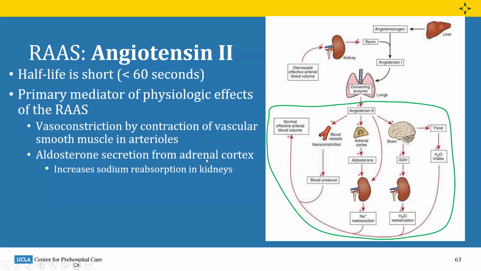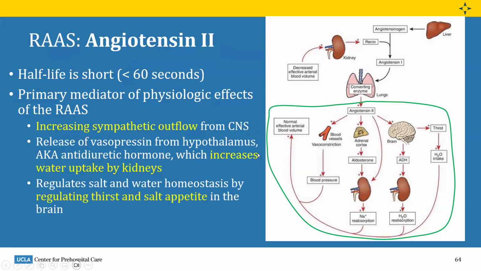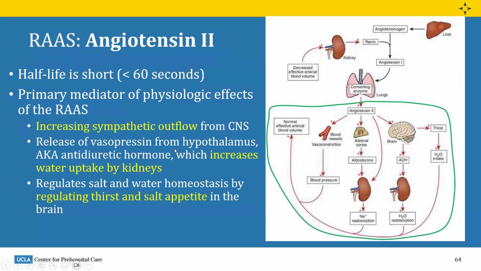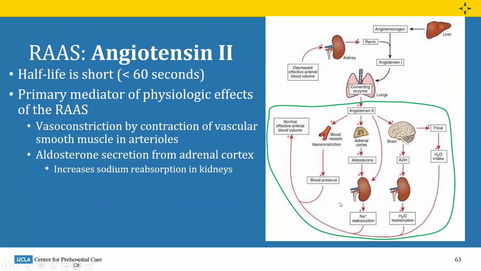It's also going to go to our adrenal cortex, on the top of our kidneys, which will produce aldosterone. And aldosterone is going to cause our kidneys to take up more salt.